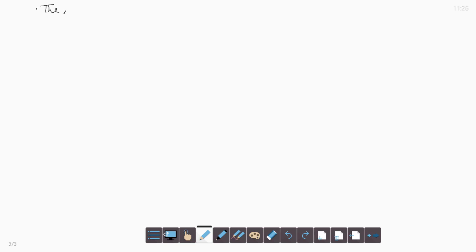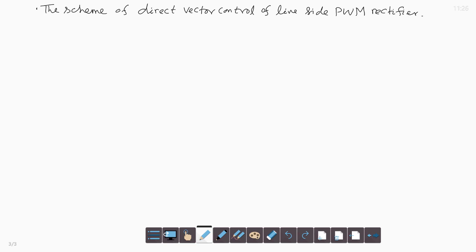Now, we will see the scheme of direct vector control of line side PWM rectifier. We will draw it.